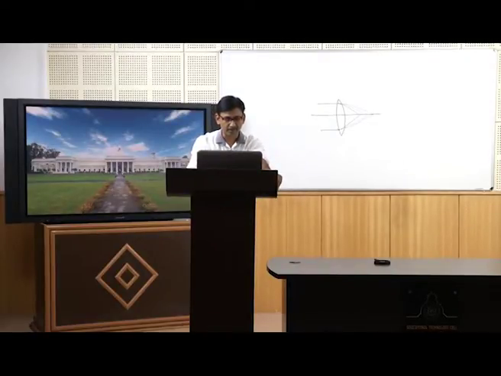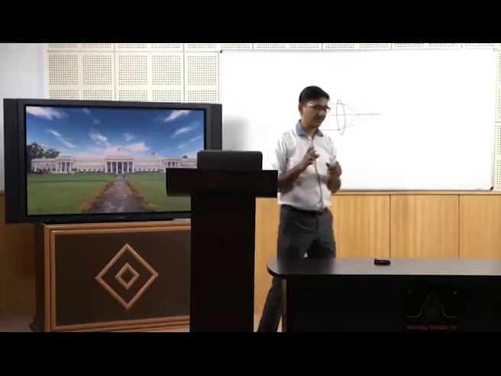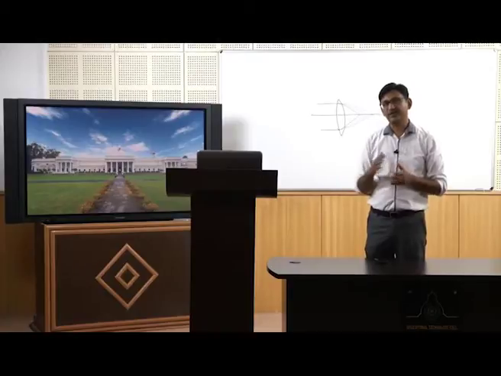In achromatic objectives, they are corrected chromatically for red and blue light, bringing it to a common focus. It is also corrected for spherical aberration for the color green.